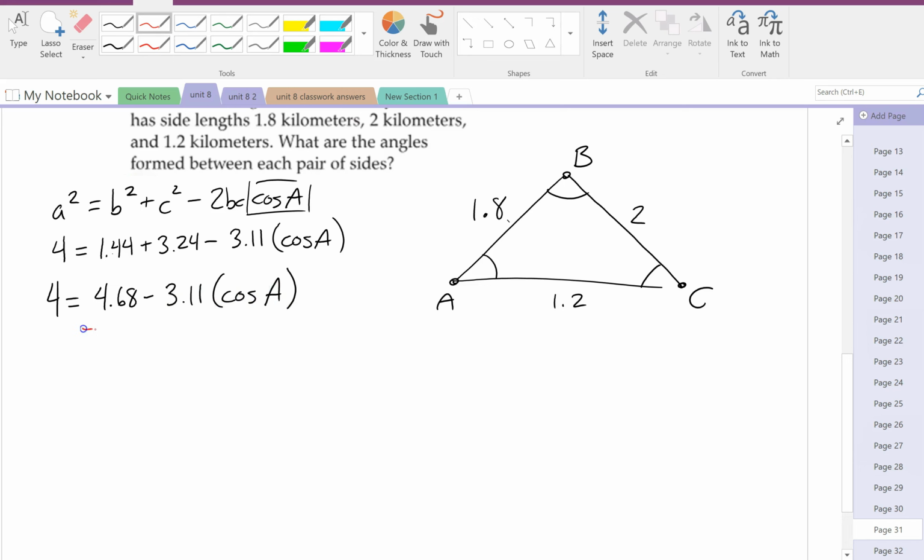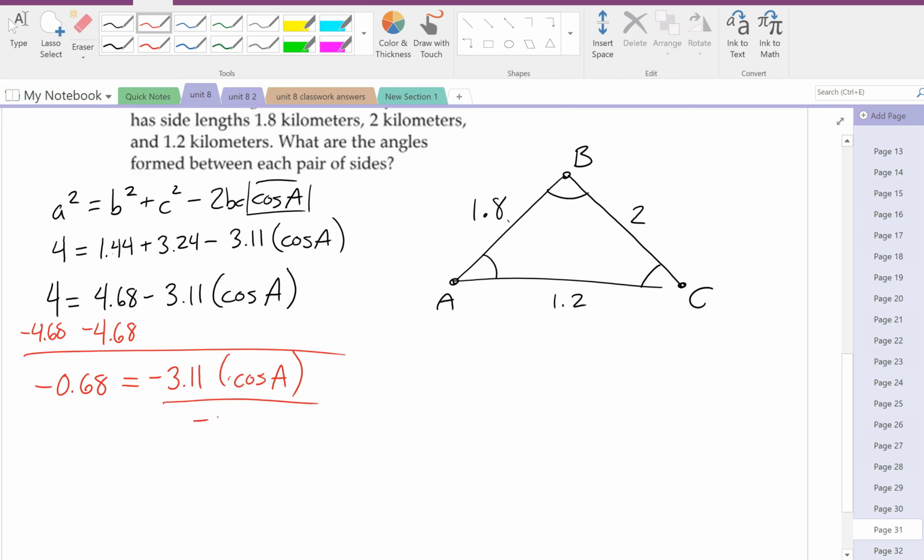I'm going to subtract 4.68 from both sides. 4 minus 4.68 is negative 0.68 equals negative 3.11 times the cosine of angle A. I want to get this by itself, so I'm going to divide both sides by negative 3.11.